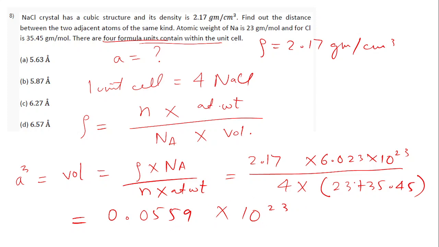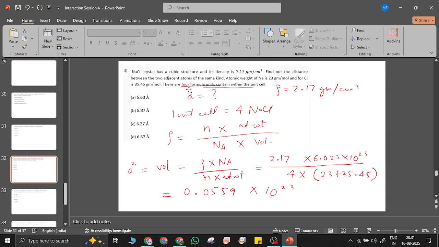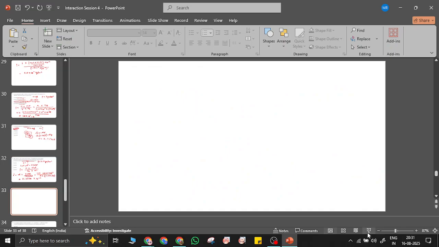Then I'll take, this is in gram, this is in centimeter, okay, fine. So A cube was that, so A will be the cube root of volume.